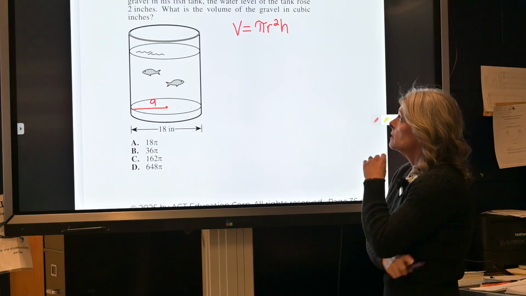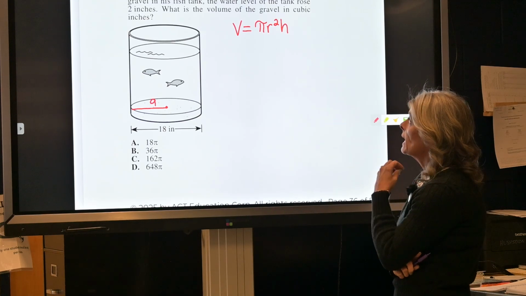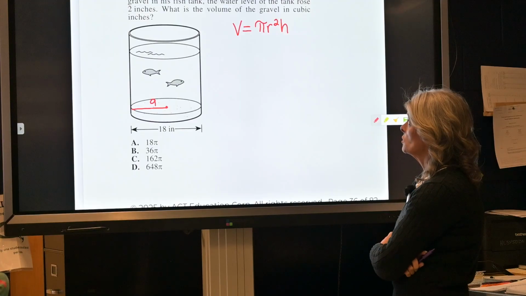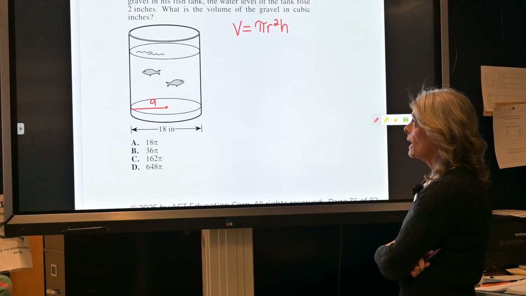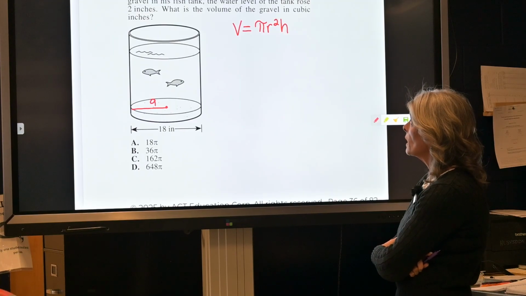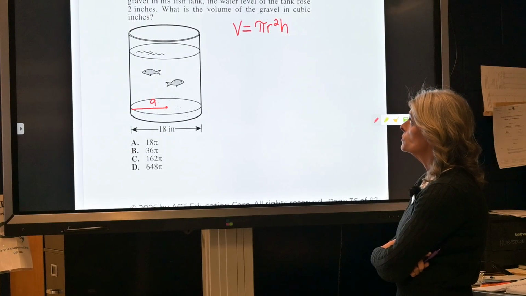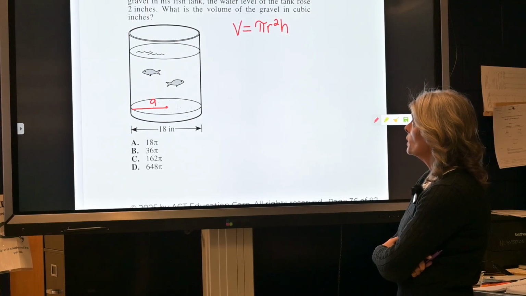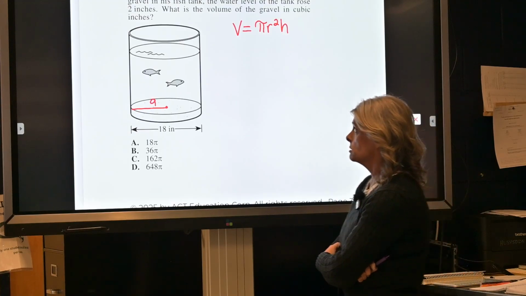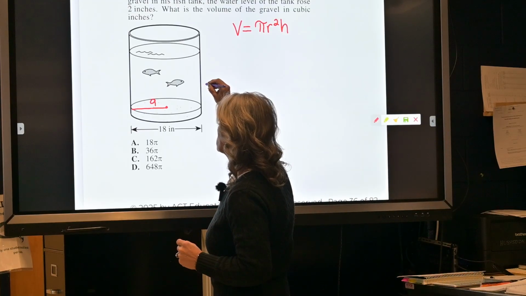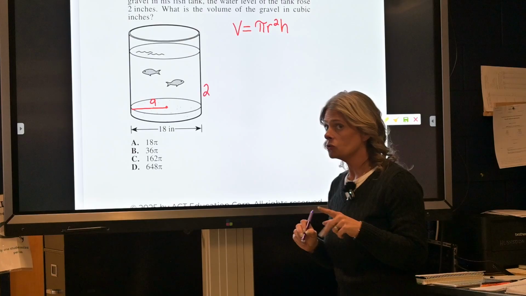Michael has a cylindrical fish tank shown that has an inside diameter of 18 inches. When he put colored gravel in his fish tank, the water level of the tank rose 2 inches. What is the volume of the gravel in cubic inches? So it rose 2 inches, correct? So we're just going to use the 2.